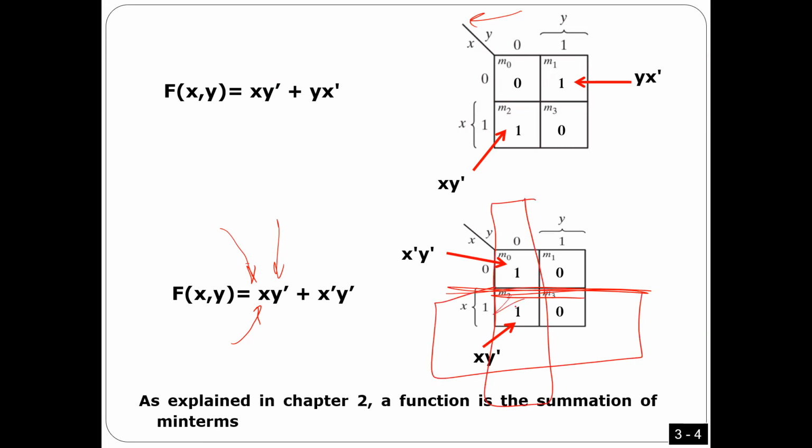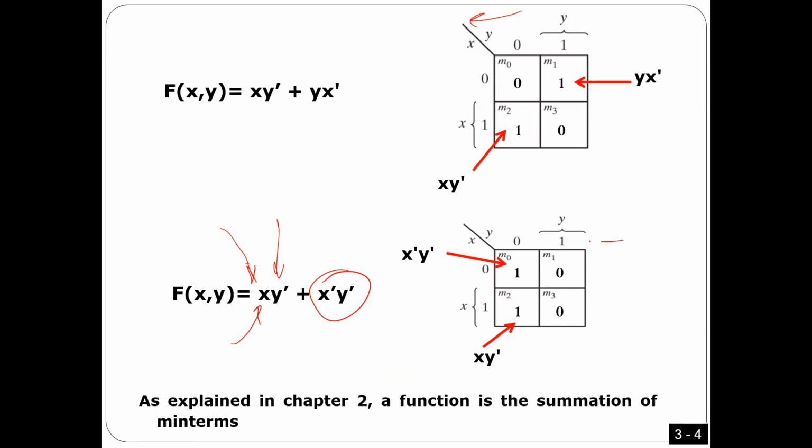So what is the intersection? This is the intersection. So this one is actually here. What about this one? This one means it is in the intersection of X prime and Y prime. X prime is here, and this is Y prime. So this is the intersection here. Is that okay?